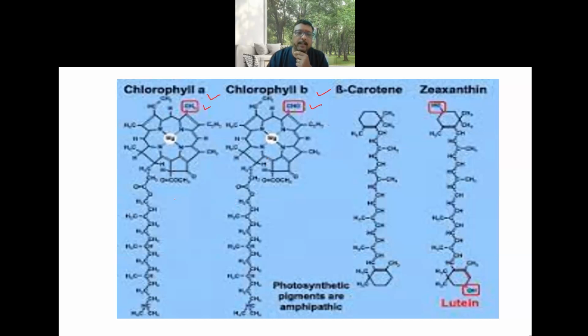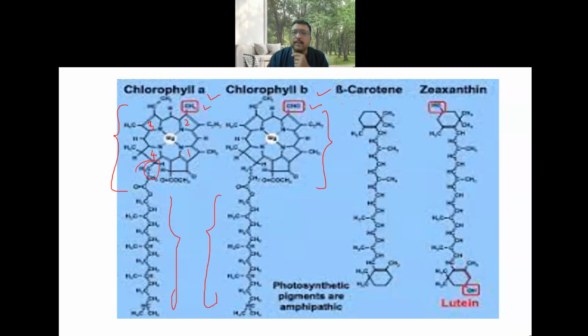This is the tail region in both cases, and this is the head region having four pyrrole rings. So one, two, this is the third one, this is the fourth.